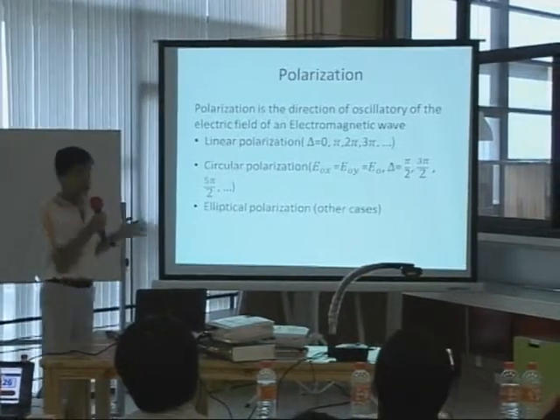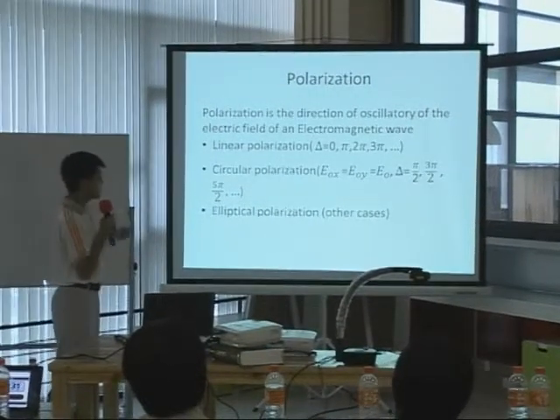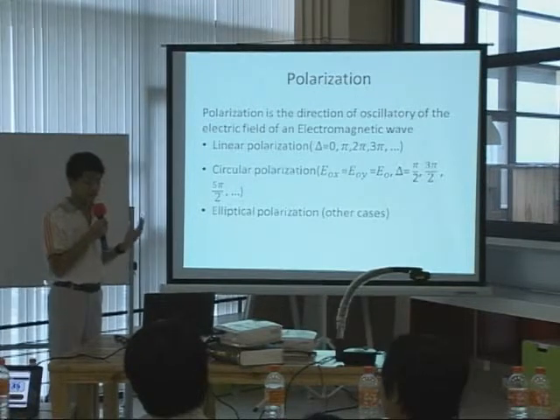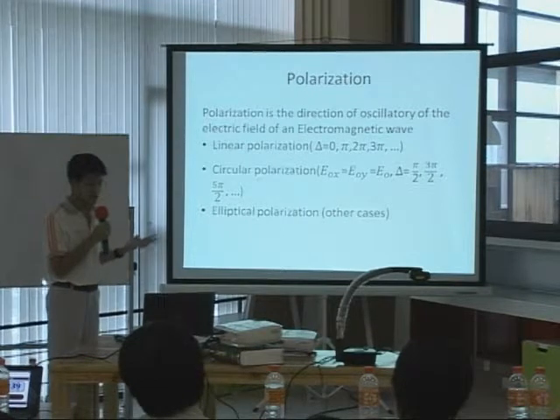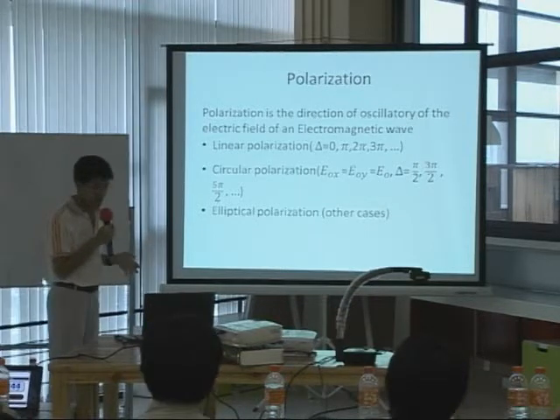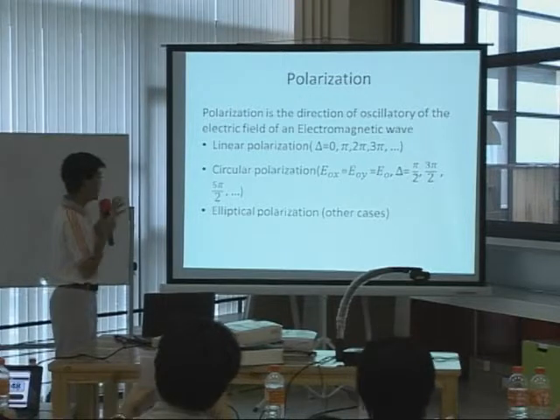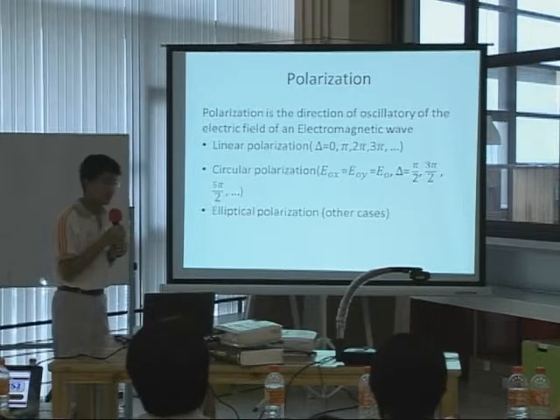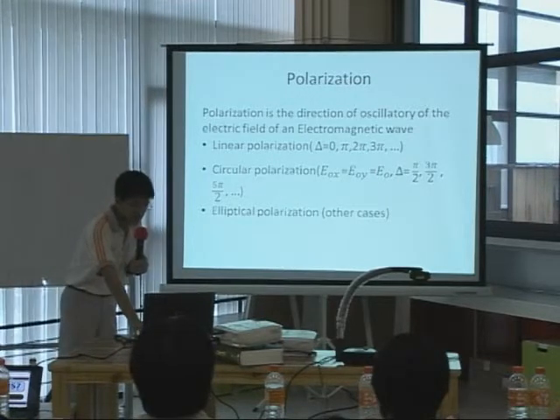Polarization is the direction of the oscillatory, as said before. And there are special cases such as linear polarization. If the phase difference is 0, pi, 2 pi, 3 pi, or 4 pi, it will be a linear polarization. And if it's a circular polarization, it will have to have the amplitudes of X and Y equal, and the phase difference will be pi over 2, 3 pi over 2, something like that.